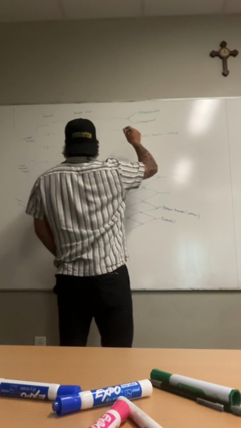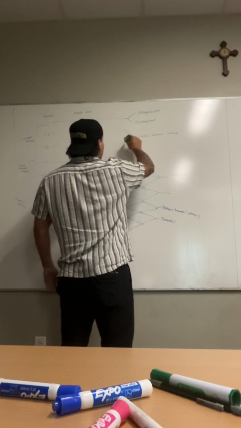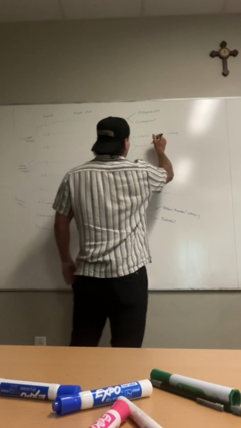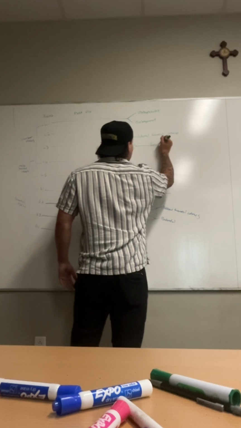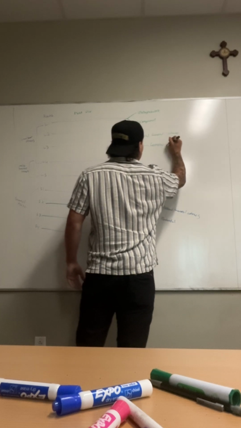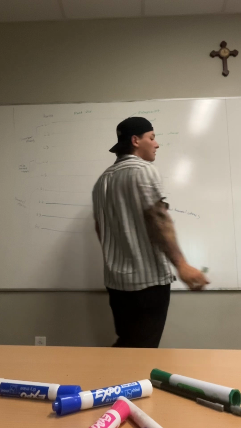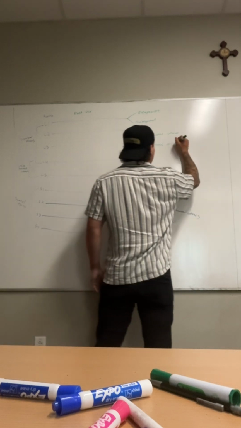L2 through L4 is your femoral nerve, and that's your anterior femoral compartment.